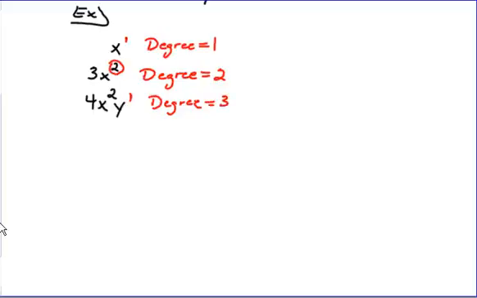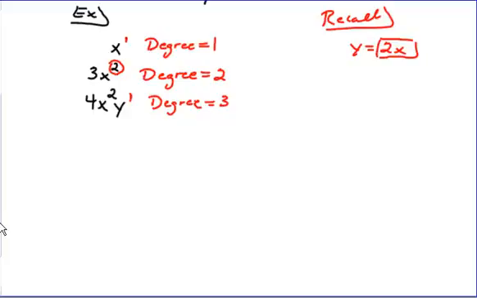Now, why would we ever care about something like degree? Let me tell you. The idea is that degree controls the shape of what you're looking at. Remember how in the previous chapter you saw stuff like y equals 2x, right? You've seen this before in the past. If I look at this piece right here, what's the power on x?